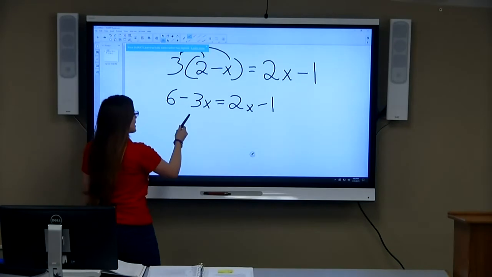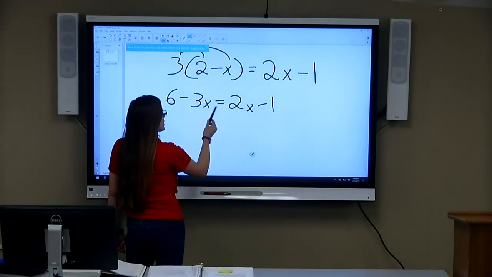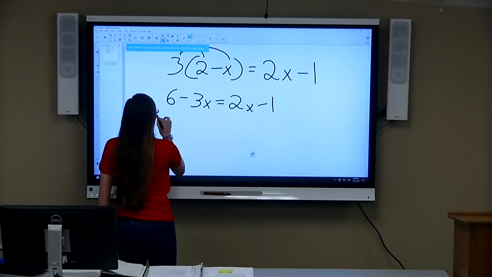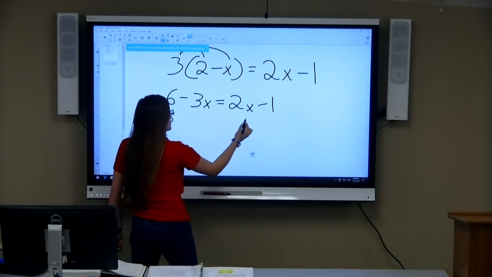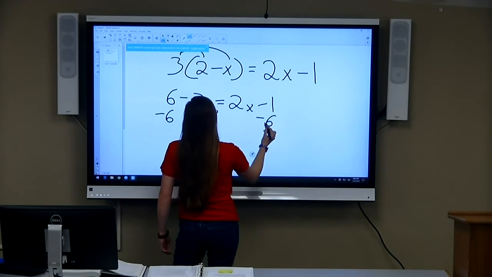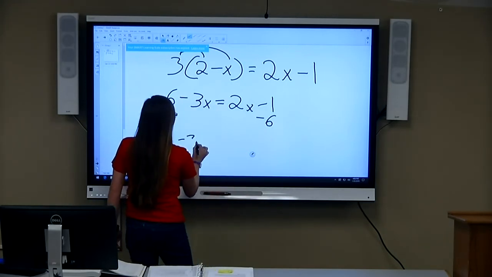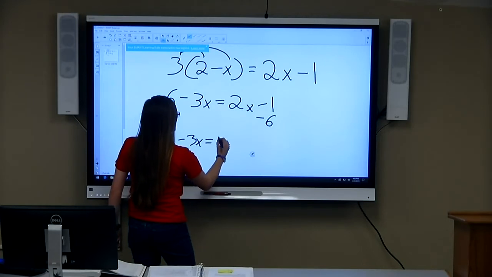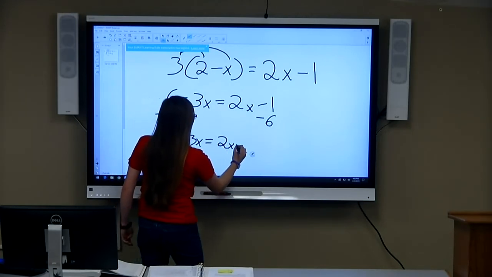Then you can either move the 3x, or you can move the 6. I'd recommend moving the 6 on this side. That will give you -3x equals 2x minus 7.